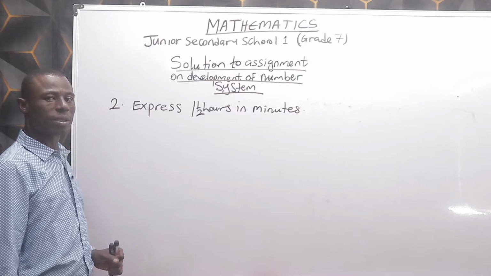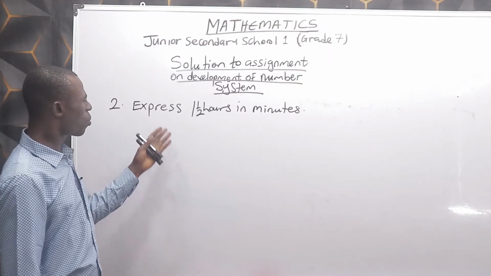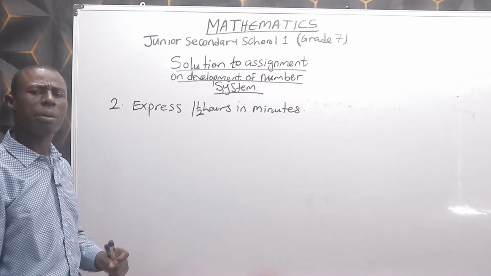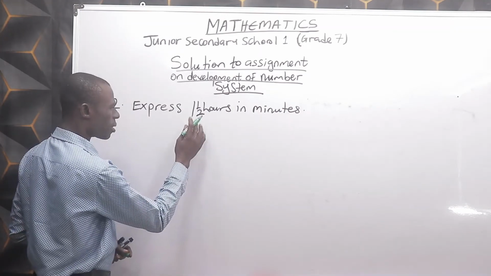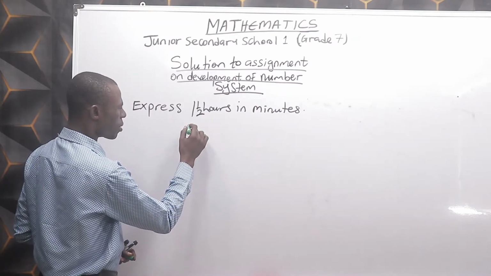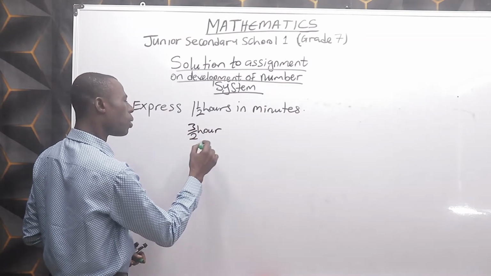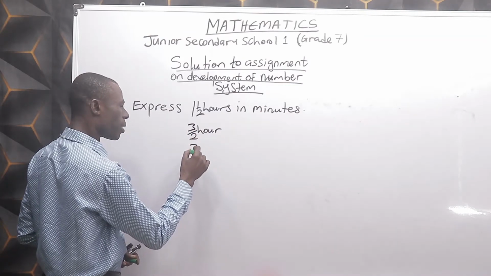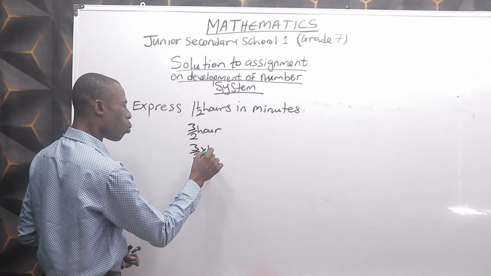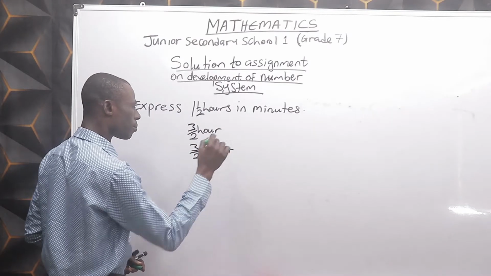Question 2 of the assignment. Express 1.5 hours in minutes. This 1.5 means 3/2 hours, which you can rewrite as 3/2 times 1 hour.